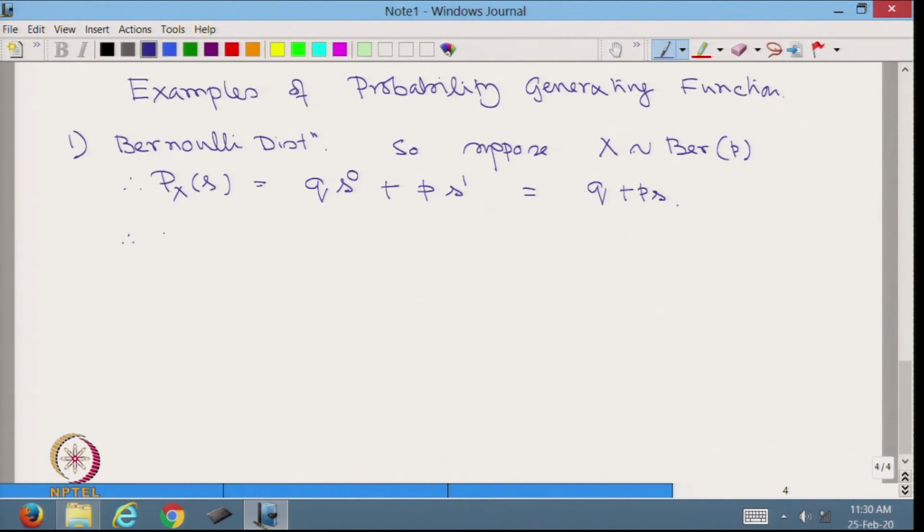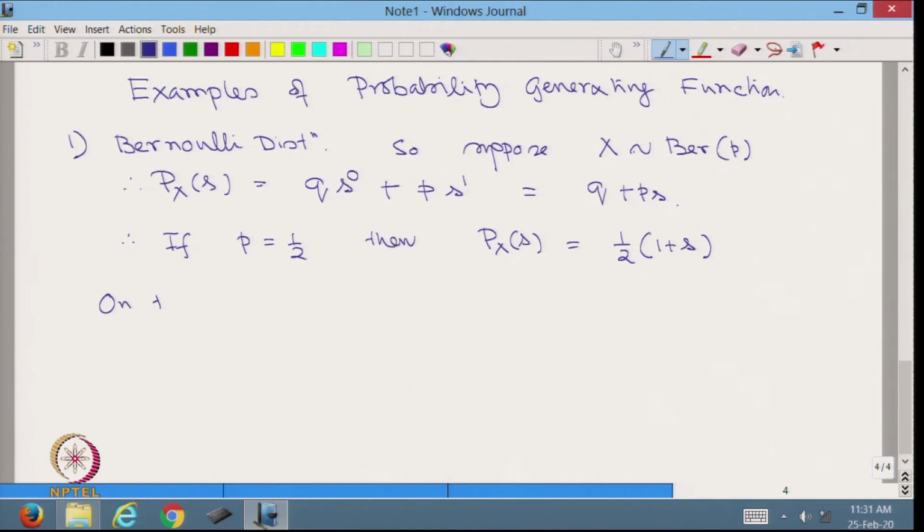Therefore, if p is equal to half, then P_x(s) is equal to half times 1 plus s.